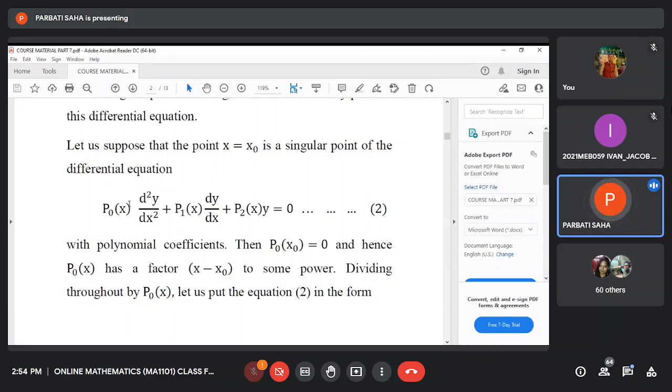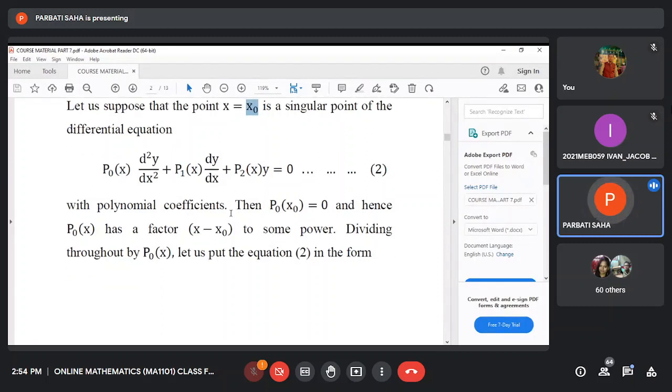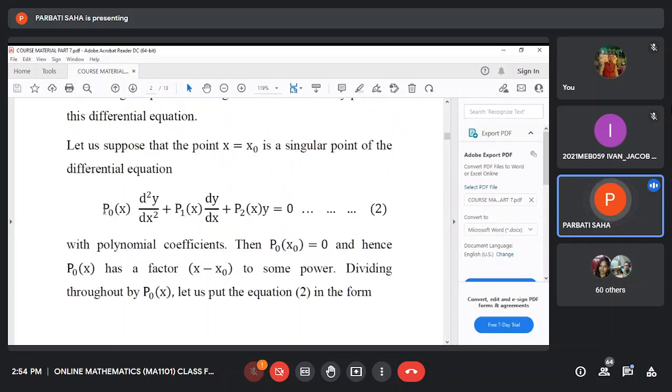Then if x equals x0 is a singular point, that means P0(x) becomes 0 at x equals x0. P0(x) must be 0 at x equals x0, and so this coefficient becomes 0.